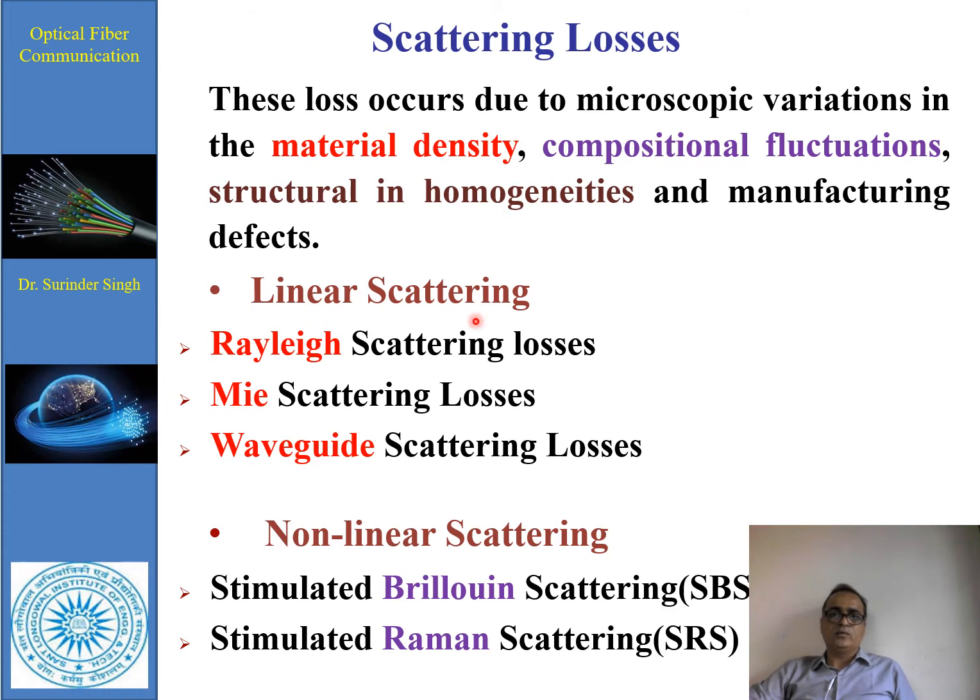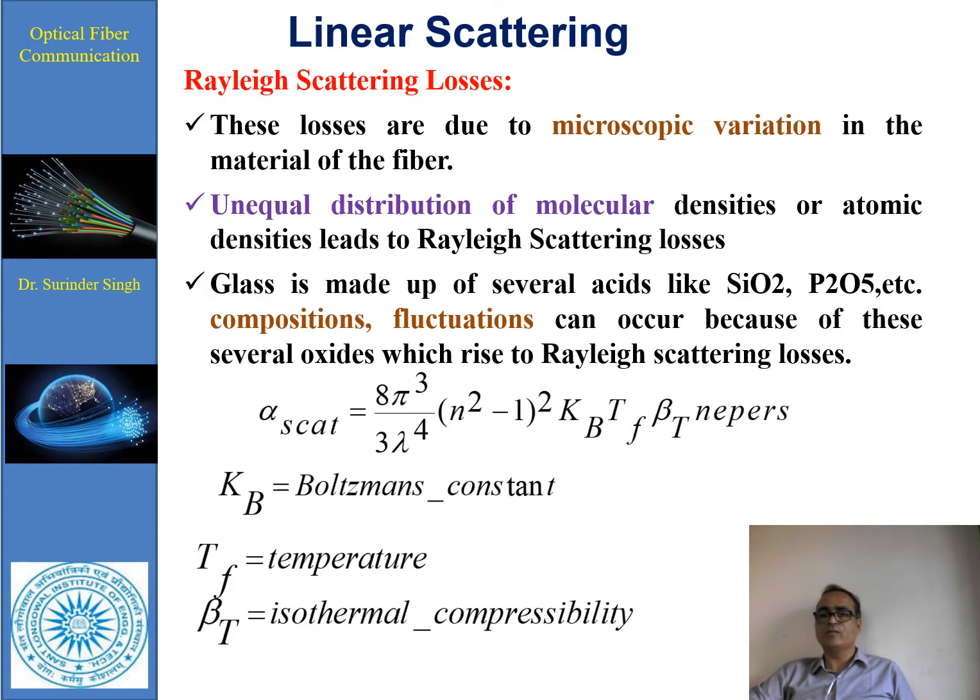Linear scattering is categorized into Rayleigh scattering, Mie scattering and waveguide scattering, whereas non-linear scattering includes stimulated Brillouin scattering and stimulated Raman scattering. First of all, we have to start with linear scattering.